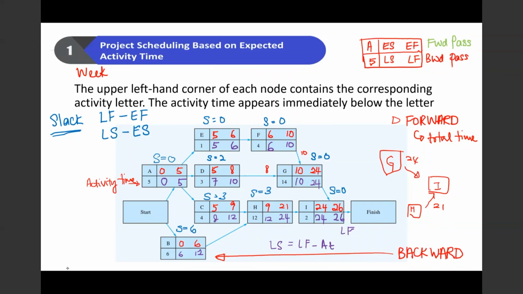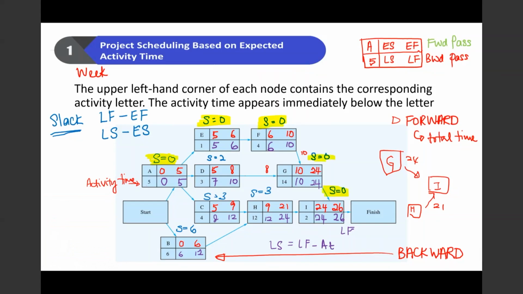So now, which activities have 0 slack? Activities that don't have any slack are critical activities. That means they cannot be delayed. They don't have extra time for you to delay them. Once these activities are delayed, they will change the total time required to complete the project. So if we look here, this one has 0 slack, this has 0 slack, 0 slack, 0 slack, and 0 slack.